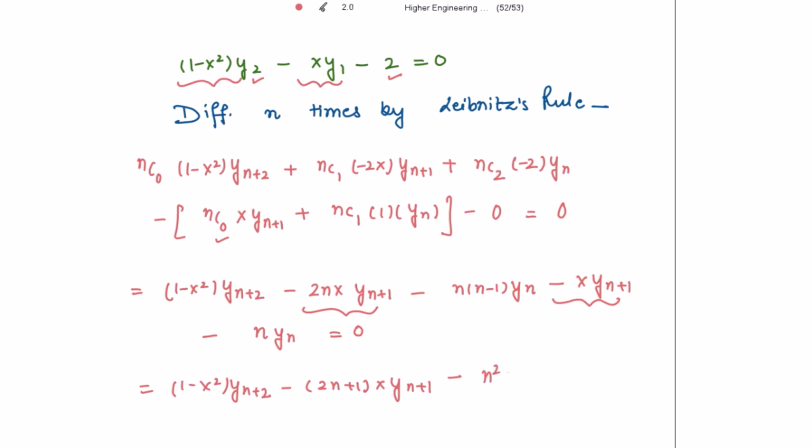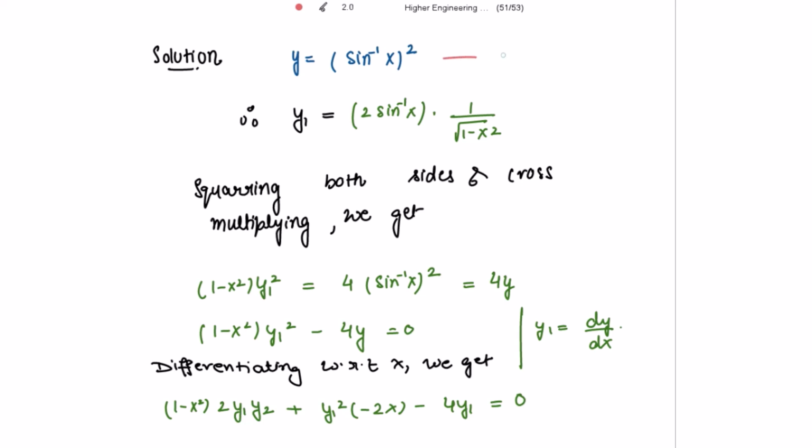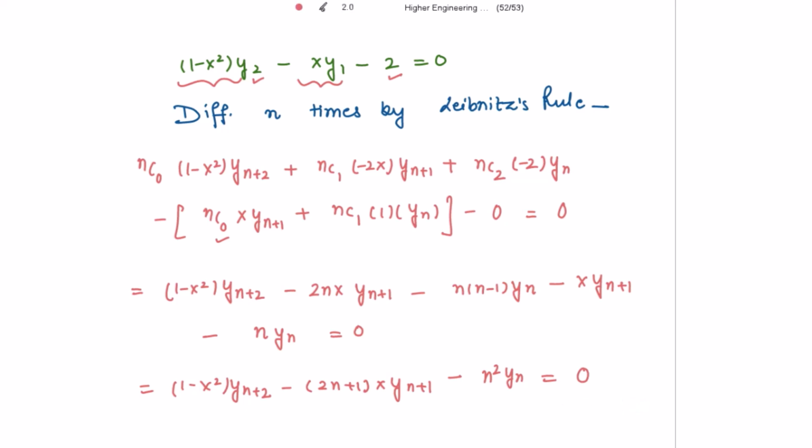So this is n square yn plus n into yn, that is cancelled out with this. Now because we need to find the nth derivative of y at x equal to 0, let's mark this equation as 1, this equation as 2, the first derivative, and this equation as 3. From here I can get the second derivative, and for the further derivatives let's mark this as 4.